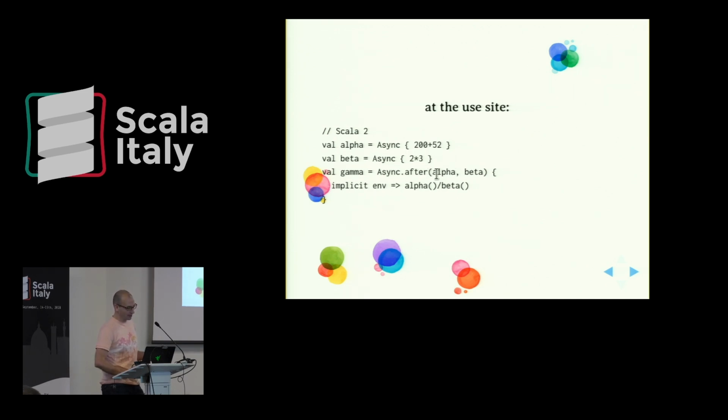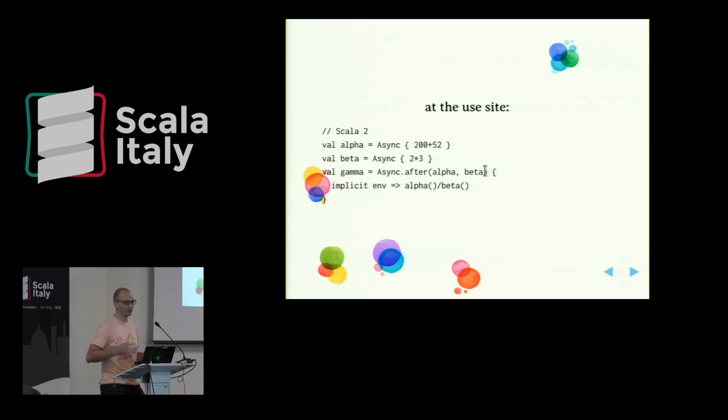And we add the constraint that the work that's done in here must be done after alpha and beta are done. And I use this implicit parameter here to add the constraint that we can only access the value inside, which is done with the application there, if this implicit evidence provides the proof that they are completed.